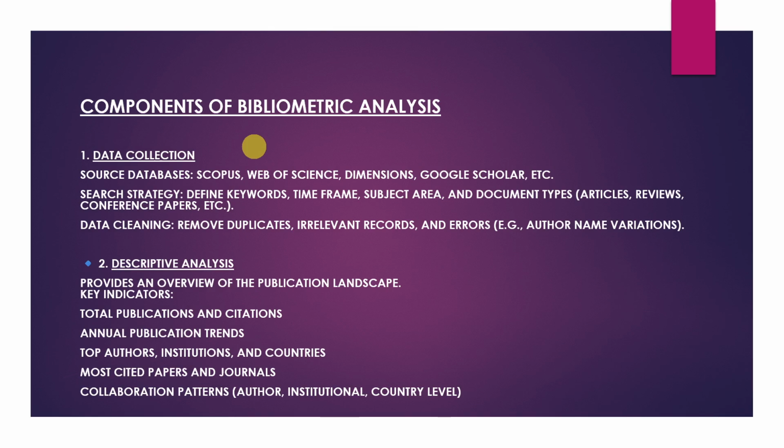Then you have subject area. You want to search in specific subjects, for example, management, social science, or economics. Then you have document type, whether it is an article, a review paper, or a conference paper.